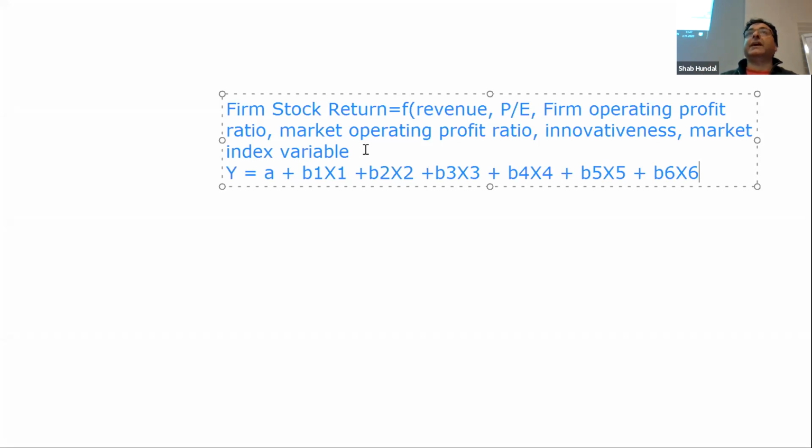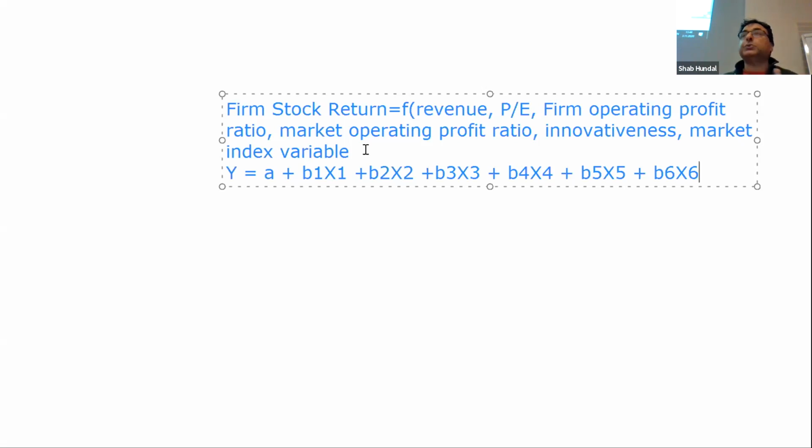Now the question is, you can understand that Y is firm stock return, and all of the variables are X1, X2, X3. What are these betas, B1, B2? Well, they are a measure of the impact. For example, beta 1 measures how much X1 influences Y. Beta 2 measures how much X2 affects Y. And who's X2 here?